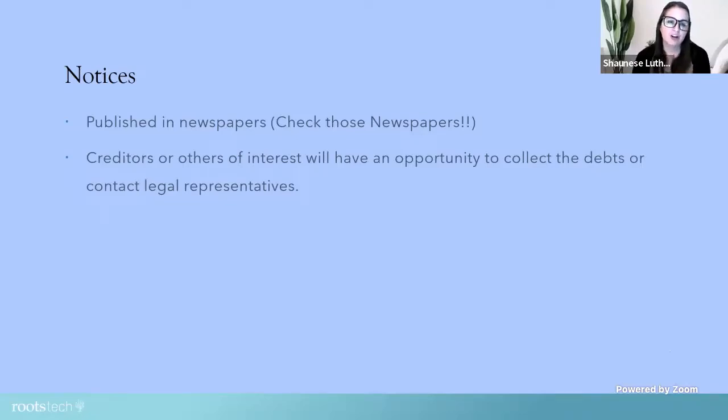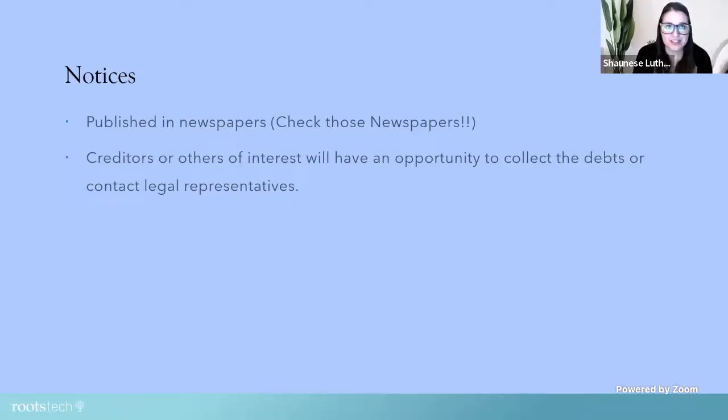So if a creditor or someone else was interested, like today, if you're looking for estate sales in newspapers or on social media, it's like this. They published it in the newspaper, so the creditors are like, hey, I want my money, I'm going to go get my money. Or you have those who are like, hey, I like estate sales, I'm going to go and see if I can get some of this stuff, kind of thing.